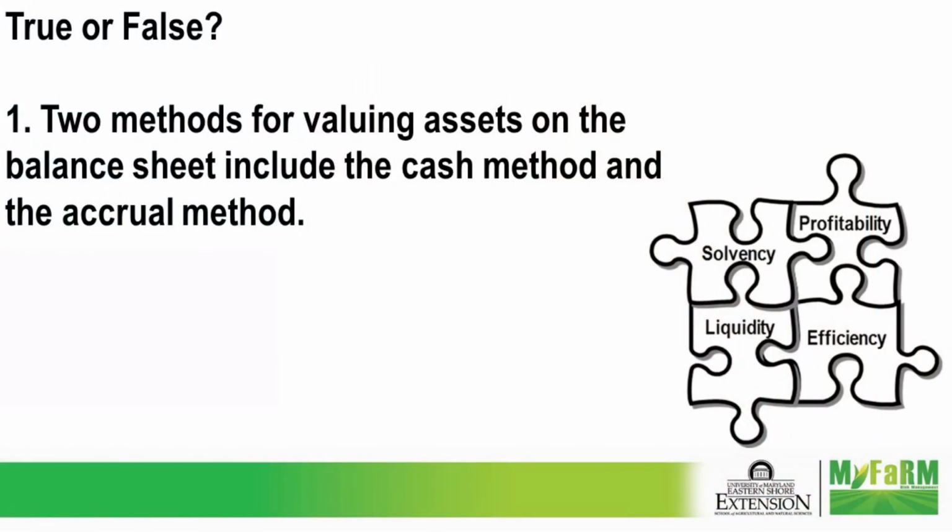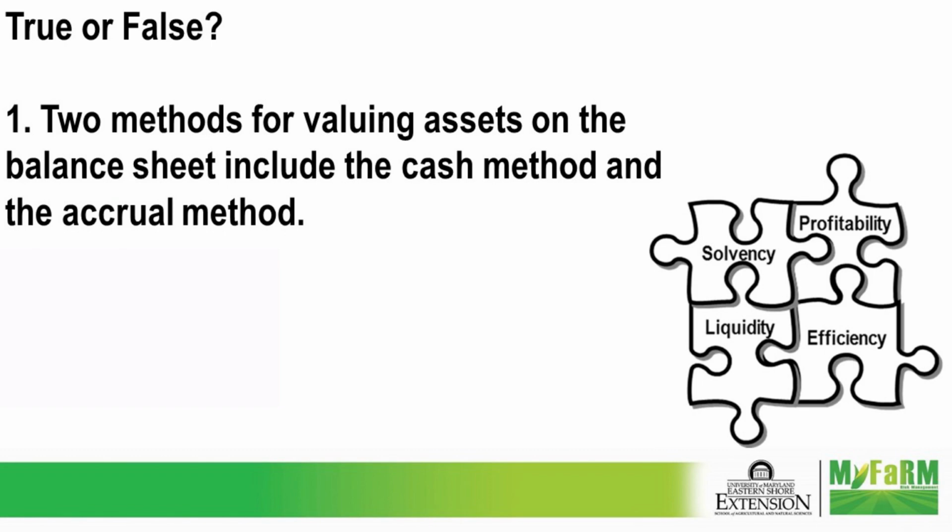So the first page, and Dale has the quiz at the beginning, we're going to go through and answer some of these questions. And all of these are very purposeful questions because they're going to be important when you're making decisions on how to create your financial statements and how to put together your records and your tax records.